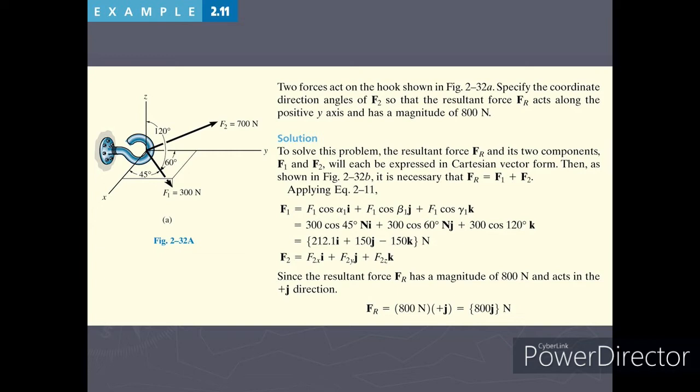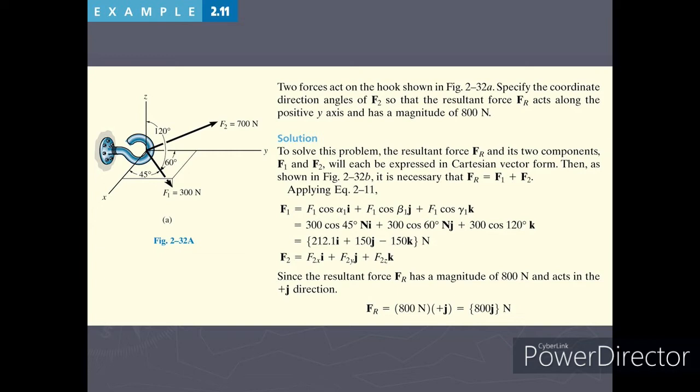It's directed along the positive y-axis, and the magnitude is 800 Newton. So 800 j, because it will have only one component. It will not have components along x and z. Is that clear? So it will just be 800 j, because it's directed along the y-axis.